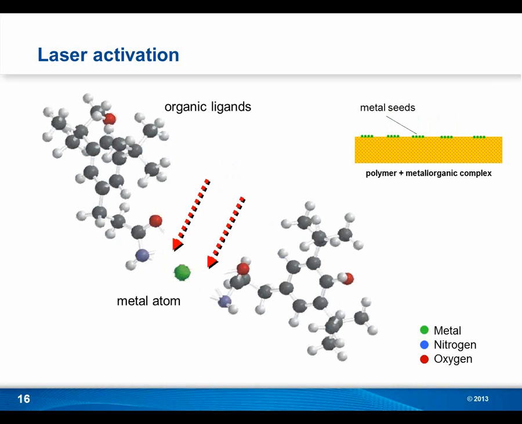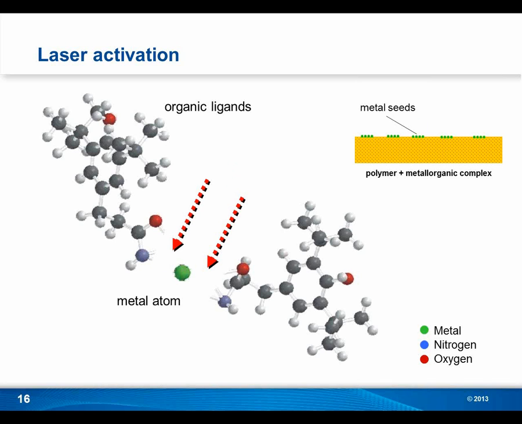Now, when we hit it with the laser, a couple of things happen. The most important part is that we actually crack open the packaging of the metal in the catalyst, and basically let the metal be active, but only in those areas where we hit it with the laser.